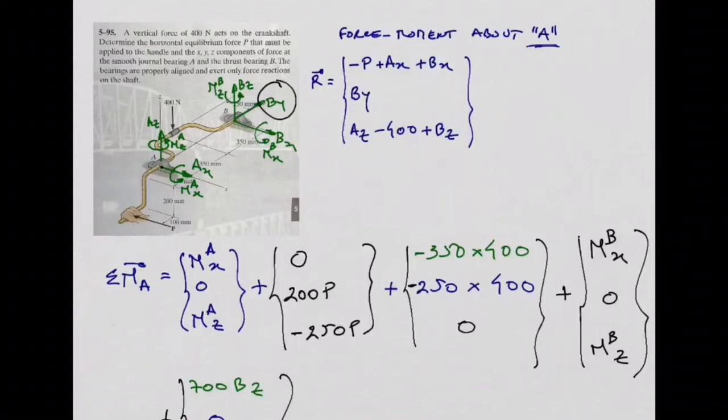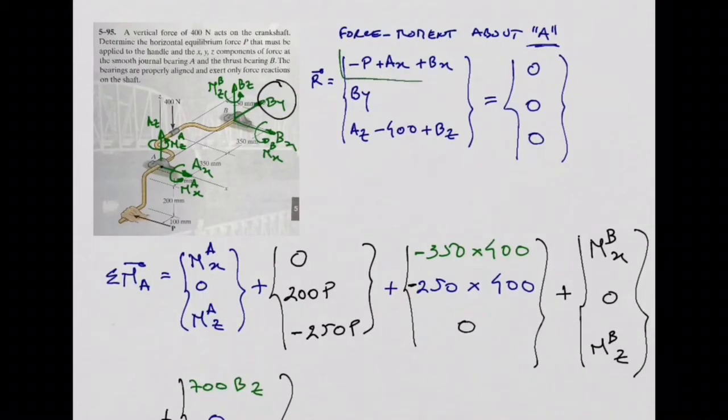So in order for this system to be in equilibrium, I'm going there. This resultant of the forces need to be equal to 0. This is a vector with 3 components. So we will have 3 equations here, right? You can see one equation here, x components.